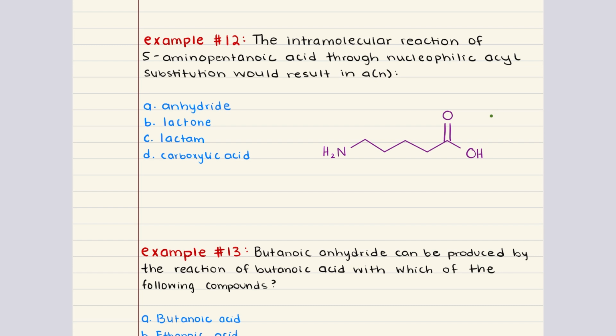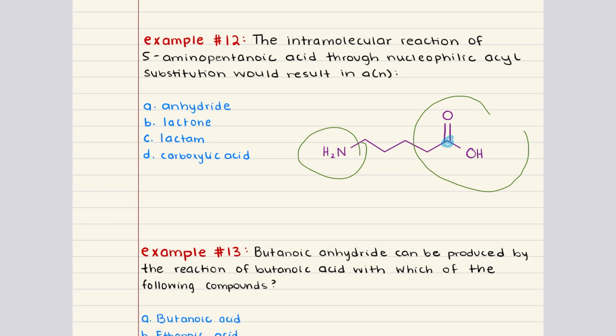It has a carboxylic acid group on one end, and then 5 carbons away, there is an amino group. Intramolecular nucleophilic acyl substitution means that a nucleophile within the same molecule will attack the carbonyl carbon of the carboxylic acid, and that's going to lead to the formation of a ring.